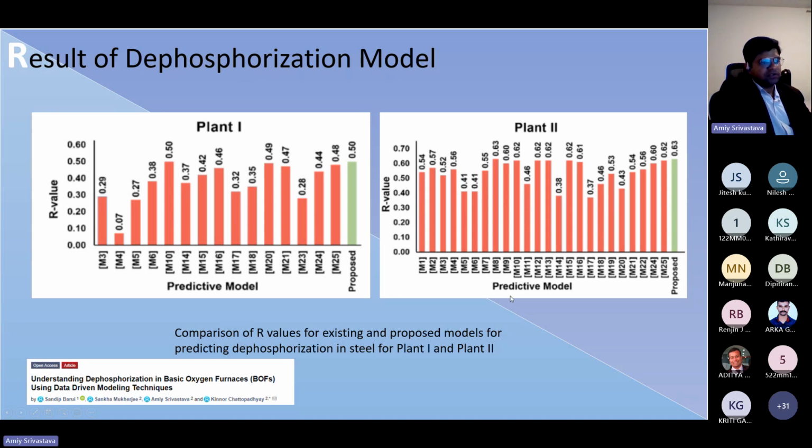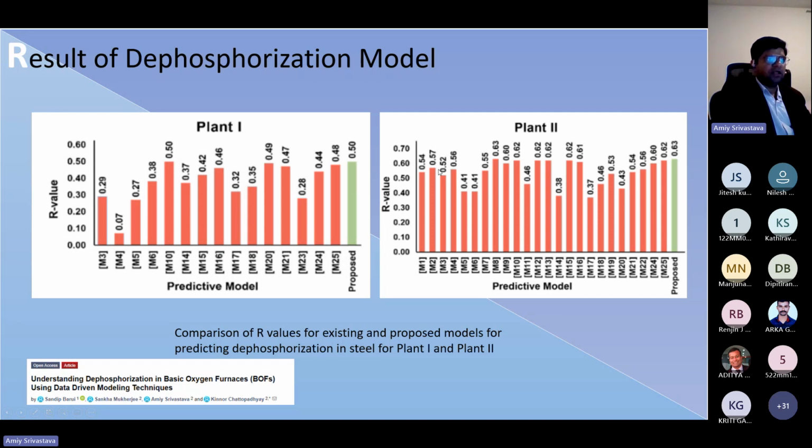There is a glitch there, because those people developed those equations for their plant or their data, and we used their equations on our data. So maybe that is the reason for the reduced R square value, because as I said, the kinetics are different for different processes. That may be a reason, but I'm not sure.